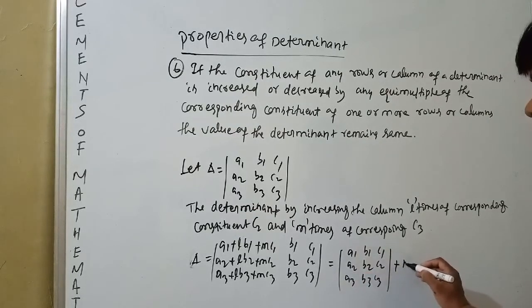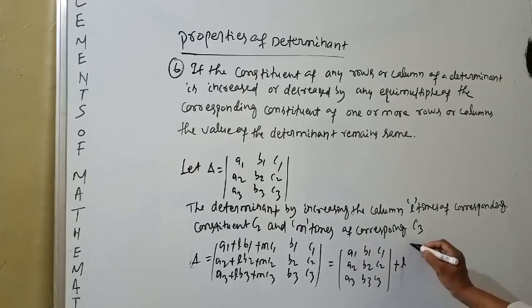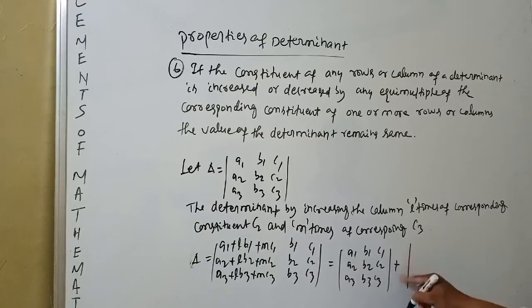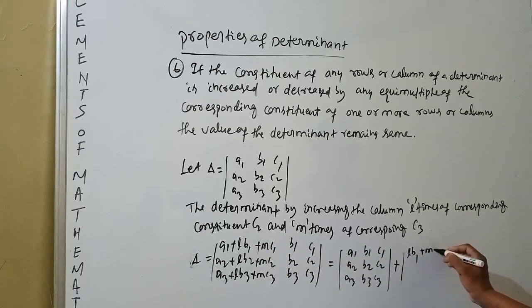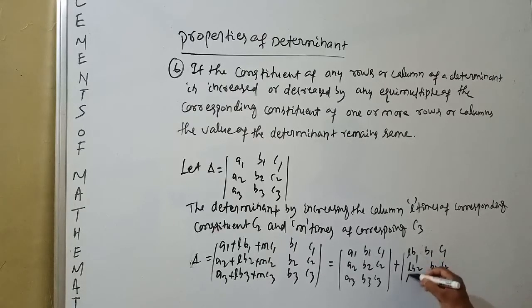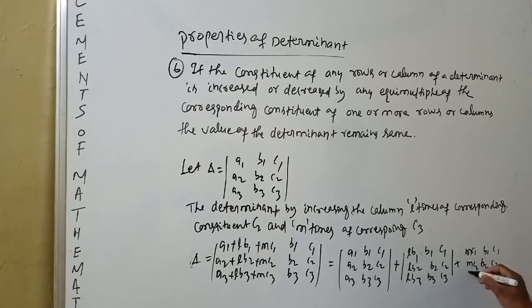Okay, plus L into, that means I can write here L B1, B1, C1, L B2, B2, C2, L B3, B3, C3, plus M C1, B1, C1, M C2, B2, C2, M C3, B3, C3.